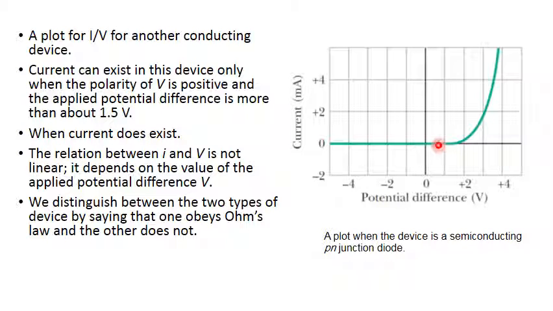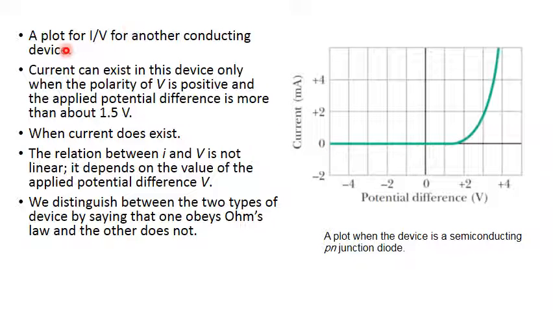It doesn't pass through the origin, because it starts from a point near 1.5 volts. So it depends on the polarity. If I'm talking about positive polarity, V is positive, I have one characteristic. If I'm talking about negative voltage, I have a completely different characteristic.